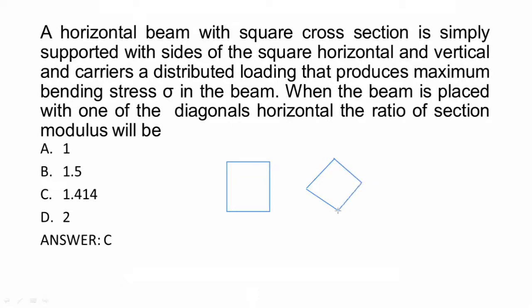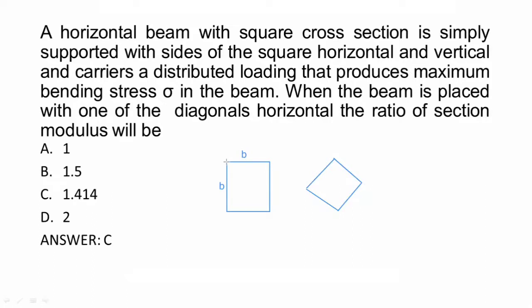If this is a square cross section, with this side as, let us say, small b, and this side also small b, we are able to find out what is the diagonal of this cross section.